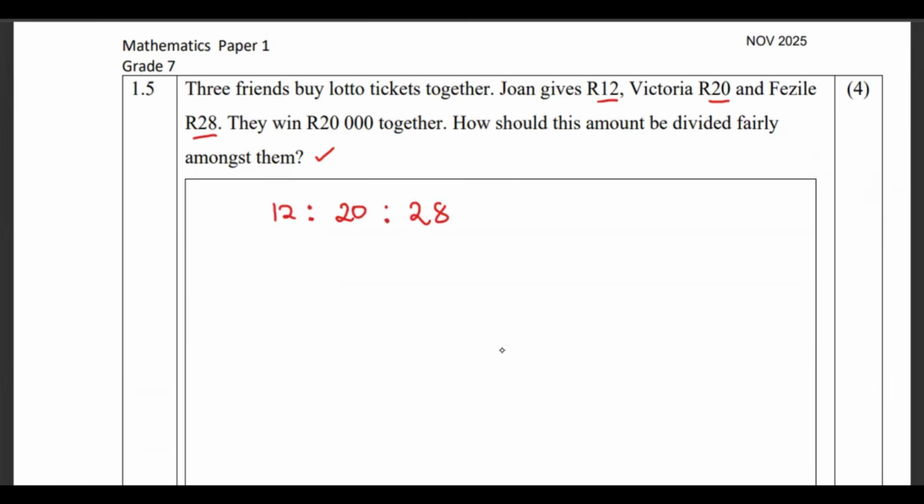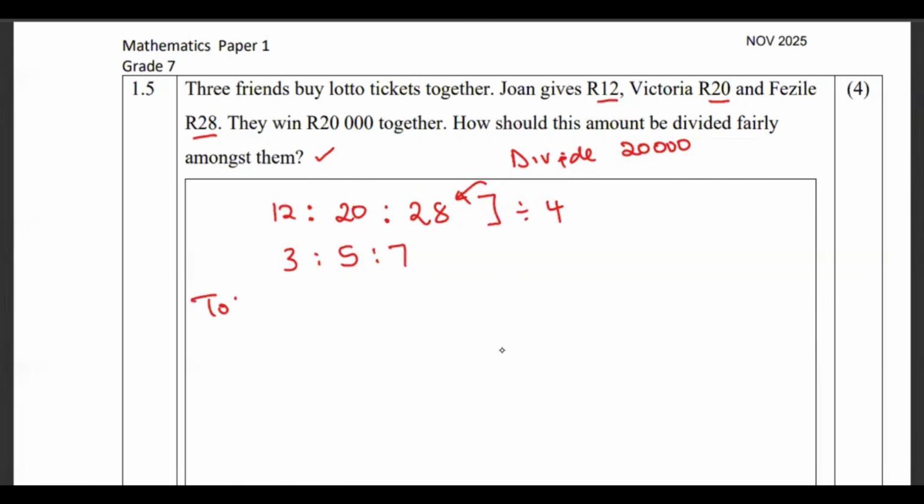Step number one, this question is indirectly asking us to divide 20,000 in this ratio. I don't need to simplify it, I can just use it the way it is. But if I were to simplify it, I'll divide through by 4, because I see 4 is common.